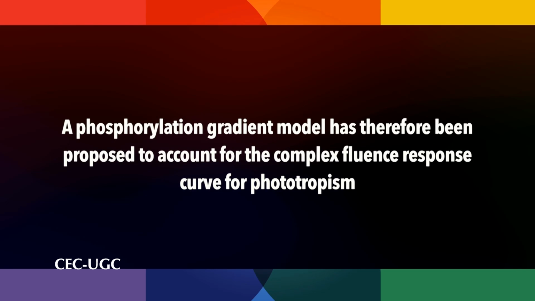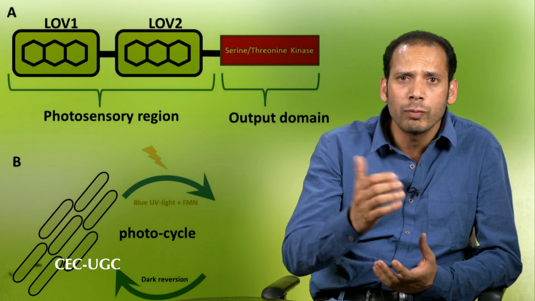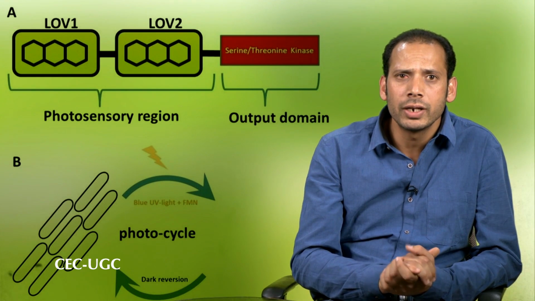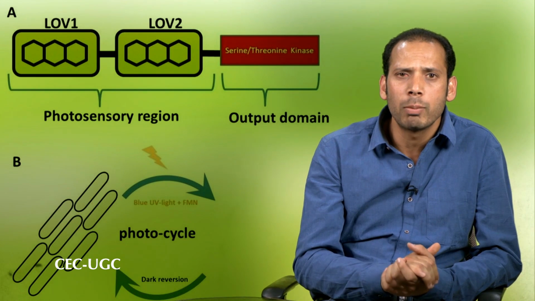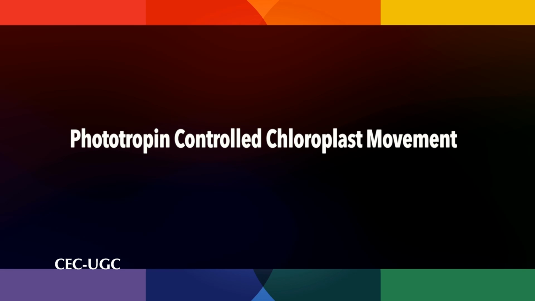A phosphorylation gradient model has therefore been proposed to account for the complex fluence response curve for phototropism. But the question still remains as to how a gradient of phototropin phosphorylation across the stem can bring about the lateral gradient in auxin. Phototropin controlled chloroplast movement.